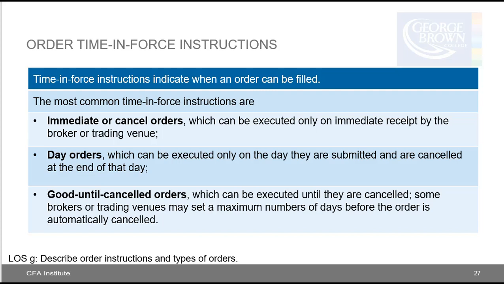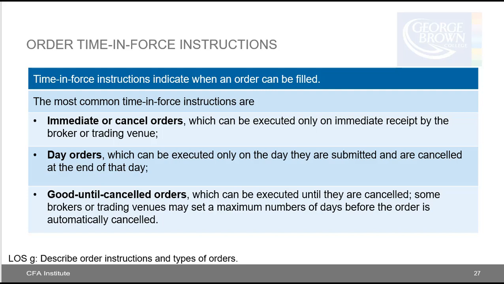So time in force instructions indicate when an order can be filled. The most common time in force instructions are: number 1, immediate or cancel orders, which can be executed only on immediate receipt by the broker or trading venue. Day orders, which can be executed only on the day they are submitted and are canceled at the end of the day.